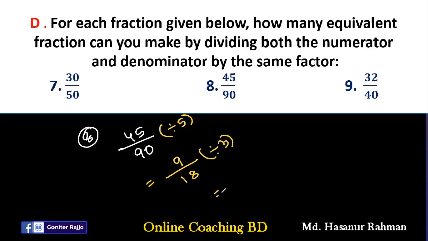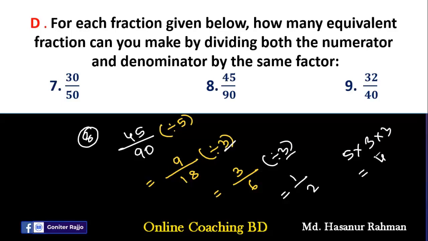Then we will get 3 3s are 9 and 3 6s are 18. Again we can divide by 3. Then final answer will be 3 1s are 3, 3 2s are 6. So interesting thing is that HCF of 45 and 90 will be 5 multiplied by these 3, 3 into 3. That means 45. Very simple.